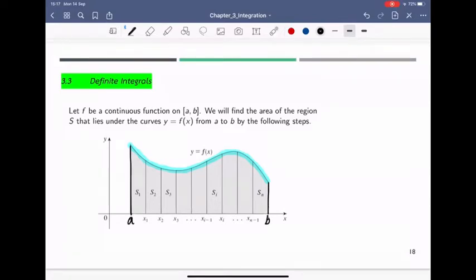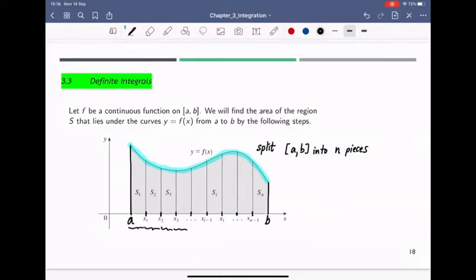We are going to split the interval [a, b] into n pieces. To make it easy, we chop it into n pieces of equal length, so each piece has the same length, from a to x1, x1 to x2, and so on.